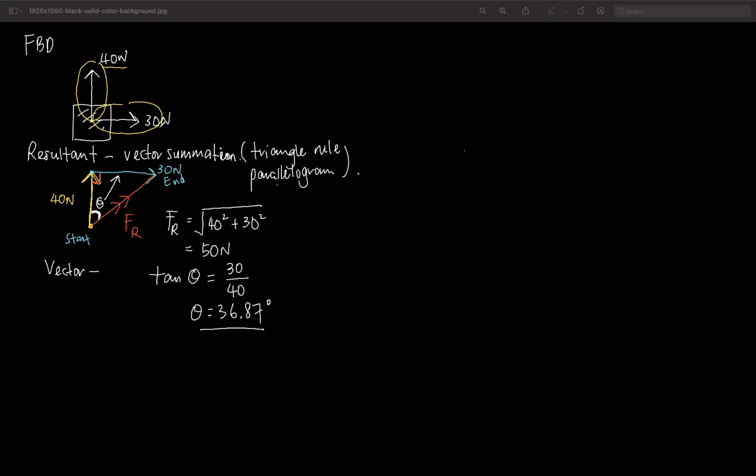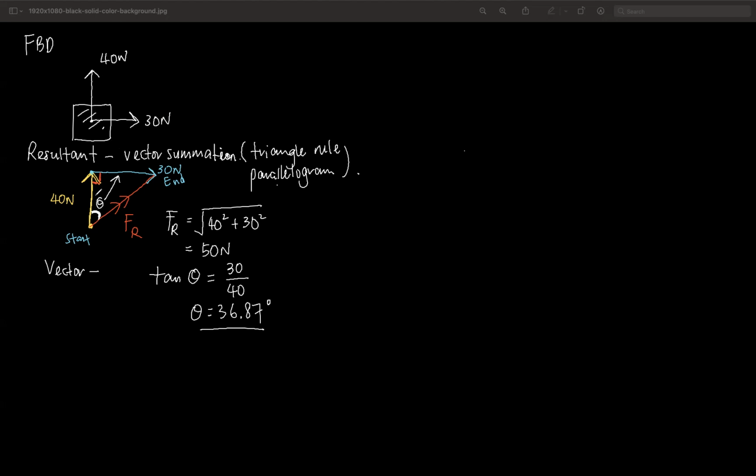This is my direction. After you find this, draw it in the diagram. Show where your resultant force is. Now, these two components of forces, 40 and 30, when we add up these two, we get this FR, the resultant force. Label it in the original diagram.